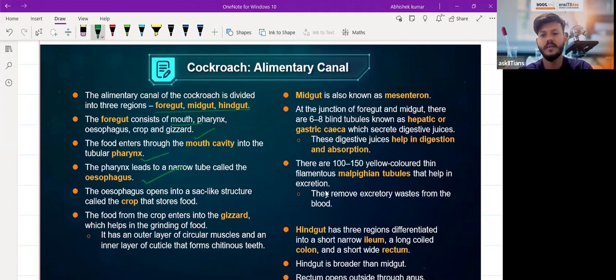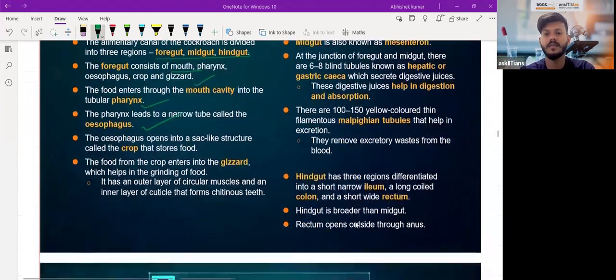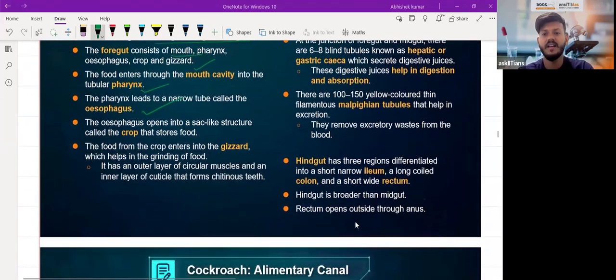Then there are 100 to 150 yellow-colored, thin, filamentous Malpighian tubules that help in excretion and remove excretory waste from the blood. The hindgut is differentiated into a short, narrow ileum, a long colon, and a short, wide rectum. The hindgut is broader than the midgut, and the rectum opens outside through the anus.